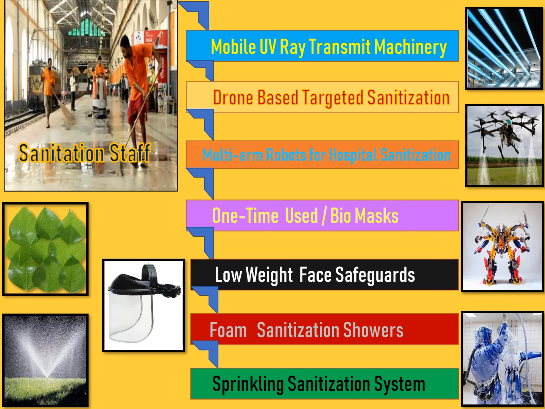So these are all very important technological solutions where the direct involvement or manual handling by the sanitization staff will be greatly reduced. So friends, these are the most relevant solutions, but as I was telling, they're not limited to this, and we can work for as many solutions as possible in this aspect.